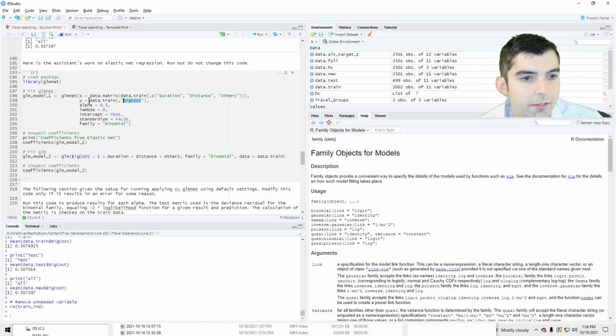And then it's just using alpha equals 0.5. That's the mixing percentage. And then lambda, this is the regularization amount. So when lambda is equal to 0, it means that there's 0 regularization, aka it's a GLM.